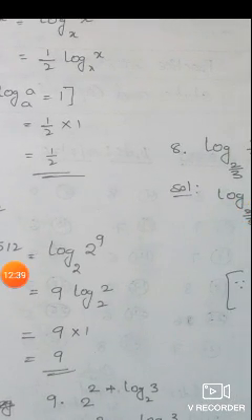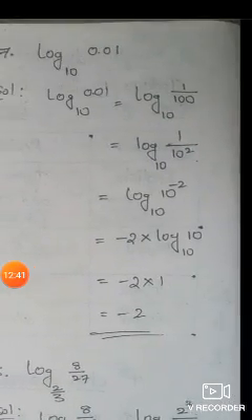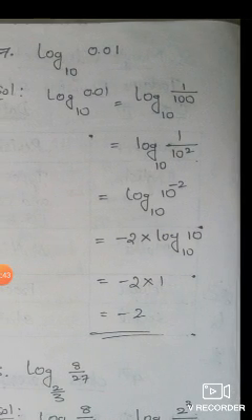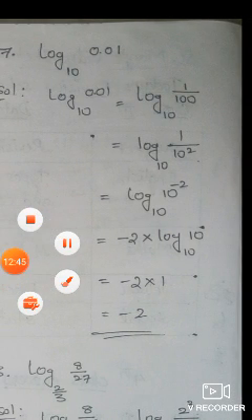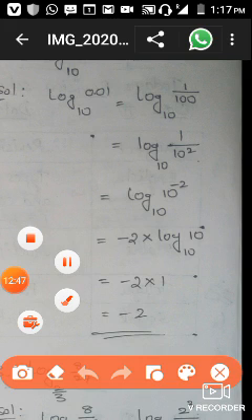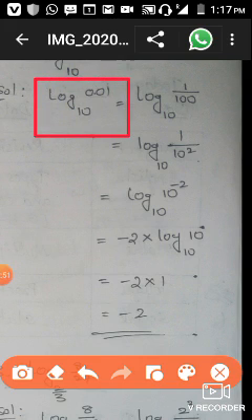Now the seventh question: log 0.01 for base 10. We can write 0.01 as 1 by 100. Here there are 2 digits after the decimal point, that's why 1 by 100 came.